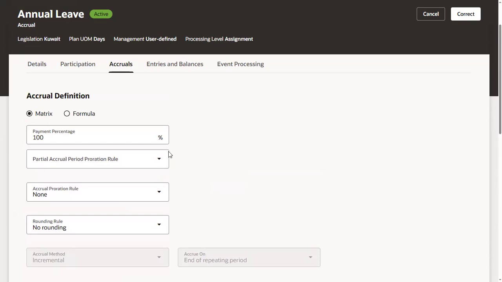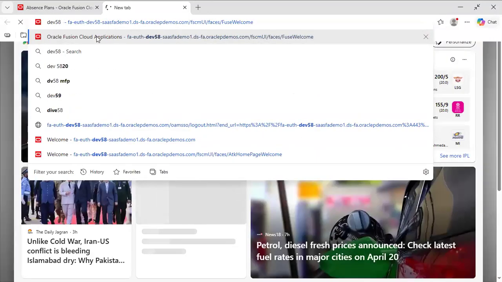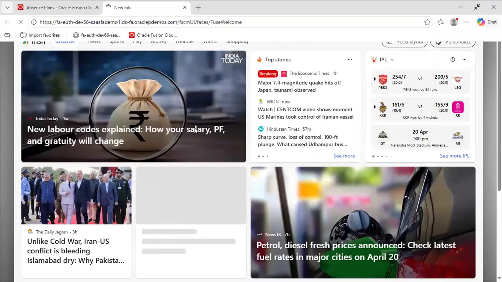In case we are working in the classic UI also, we see that. Let me show you that UI also, so you can understand easily.